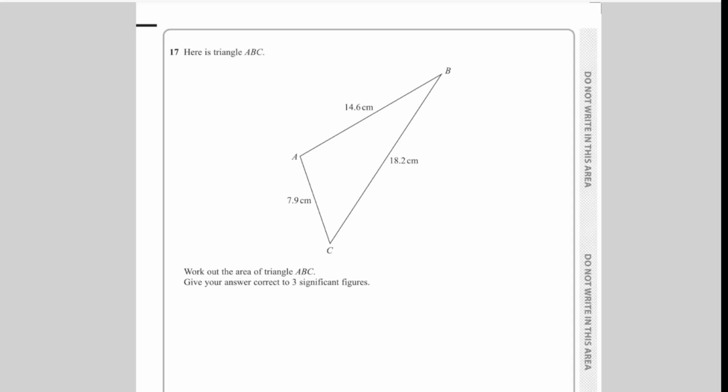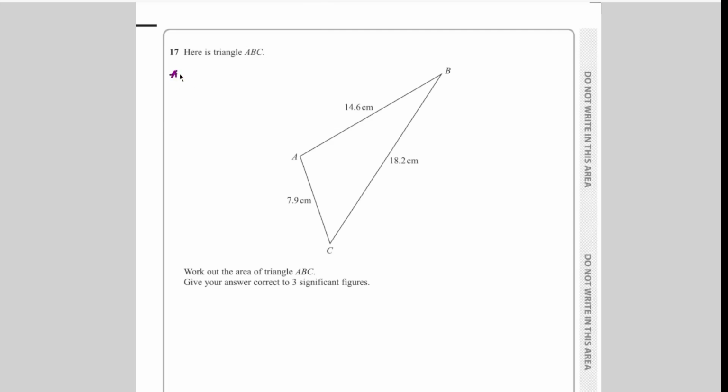Question 17. Here is a triangle ABC. Work out the area of triangle ABC. So when we need to get the area of triangle ABC, what's the formula for the area of a triangle?